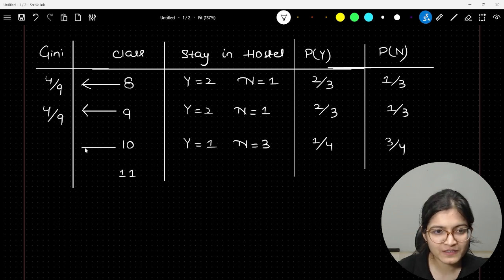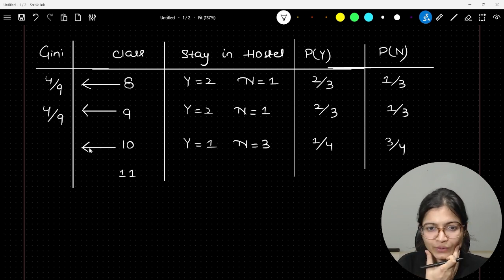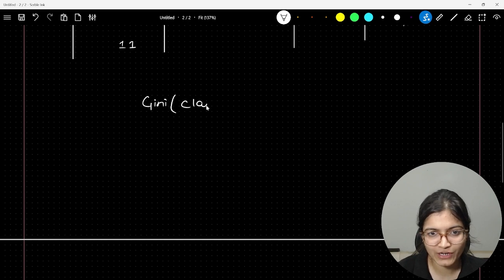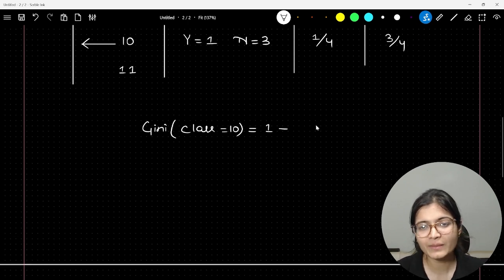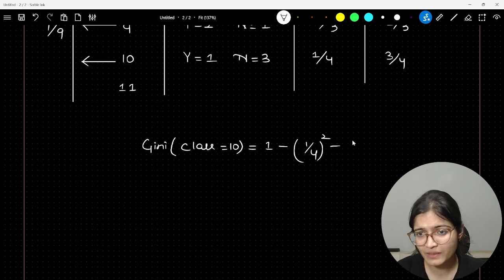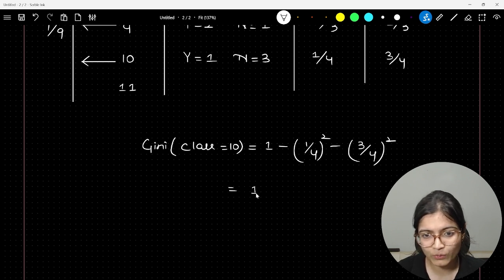So this is specifically the Gini for the class value 10, which you can evaluate as the Gini value for class equals 10. This is what we want to evaluate. In that case, it will be 1 minus the probability of yes, which is 1 by 4 whole square, minus the probability of no, which is 3 by 4 whole square. So it is 1 minus 1 divided by 16 minus 9 divided by 16.